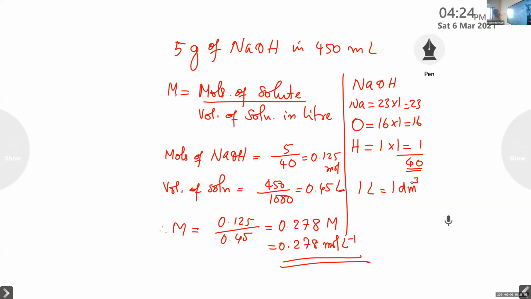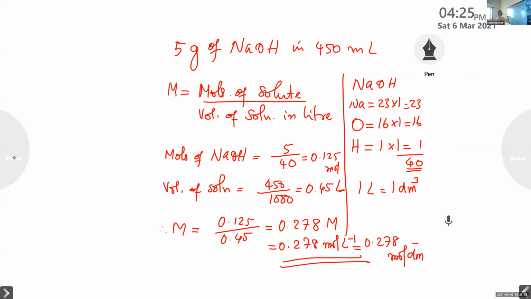So the value that we have calculated may be written as 0.278 mole per dm cube, that is mole per decimeter cube, or mole dm raised to -3. We can use that unit also.